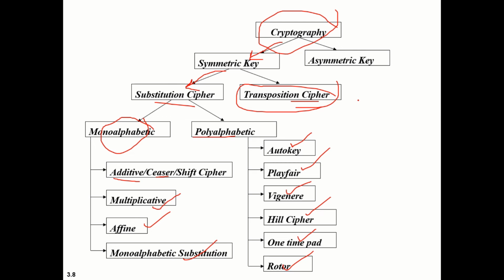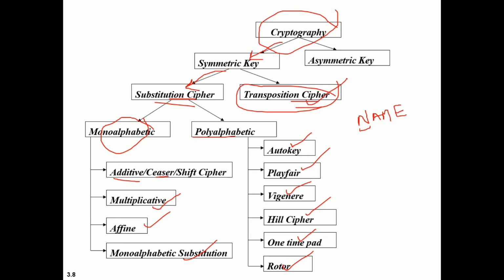So for example, if you have this text, name, in substitution cipher we replace n with some other character, a with some other character, and so on.